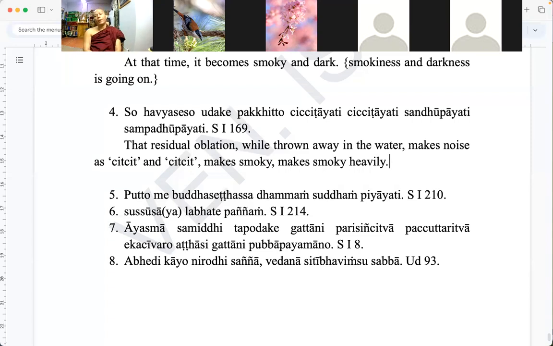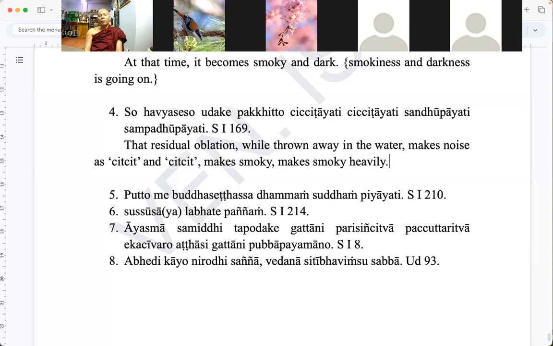Make smoky heavily in this way. So that the residual oblation, when thrown away in the water, makes noise as jijit and jijit, make smoky.